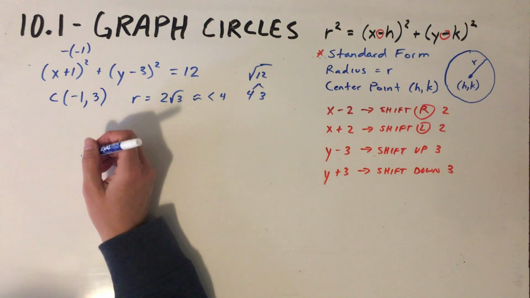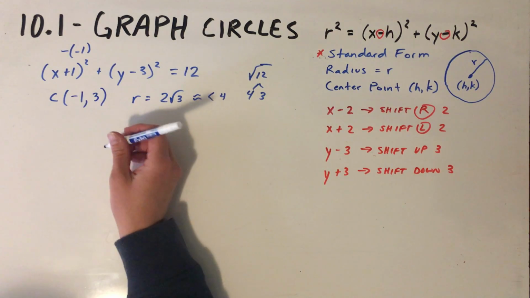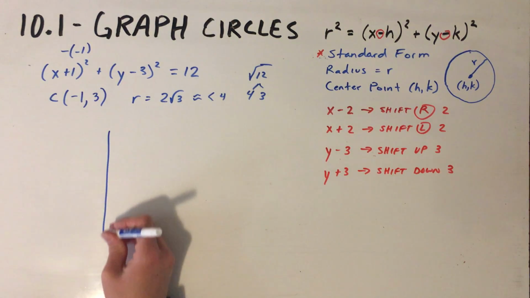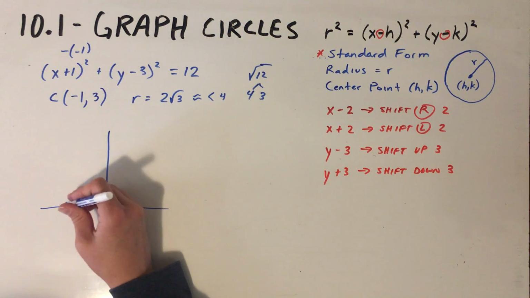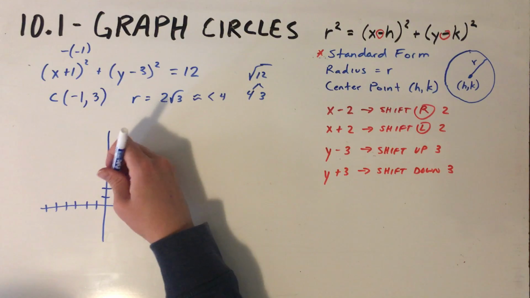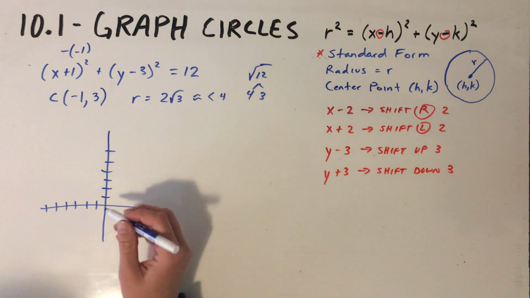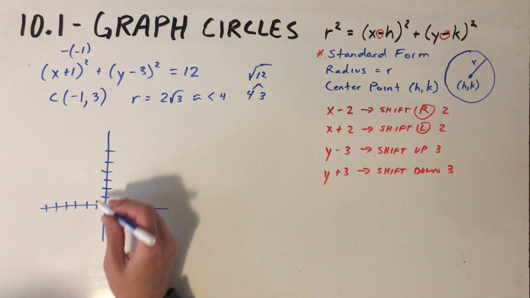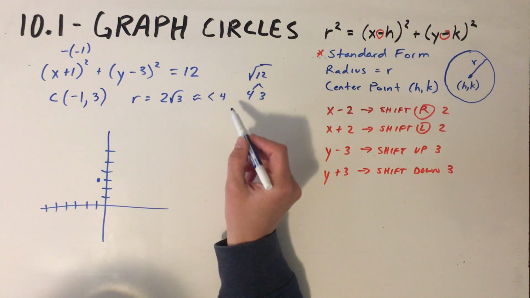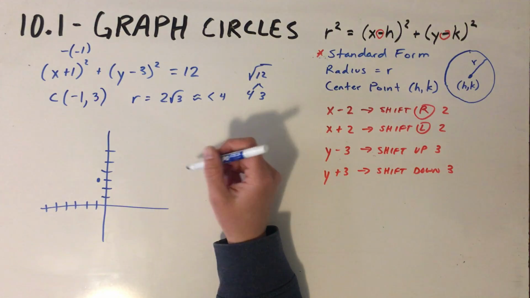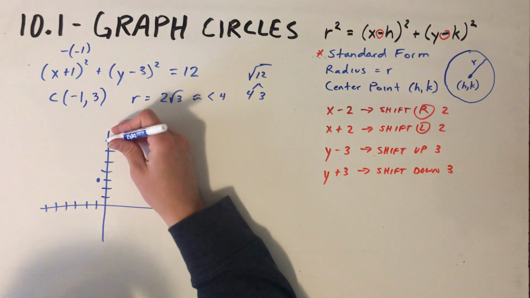So my center here is going to be at (-1, 3). So the center of my circle is here. And then my radius is going to be a little less than 4.